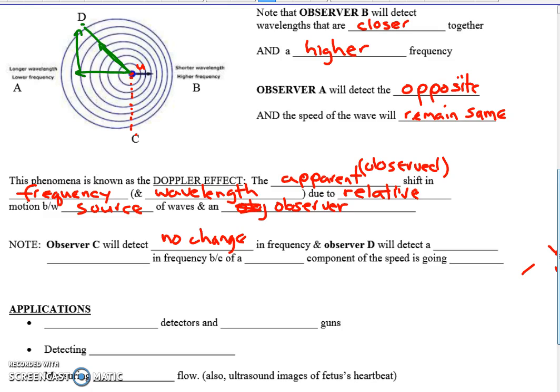So we can see that some of the motion is away from D. So D will detect a slight shift in frequency, so not a maximum, because a component of the speed is going away, a horizontal component, I guess.